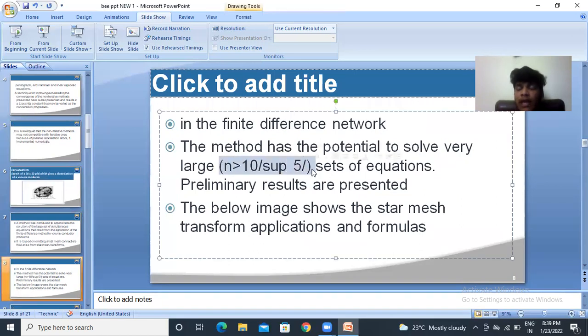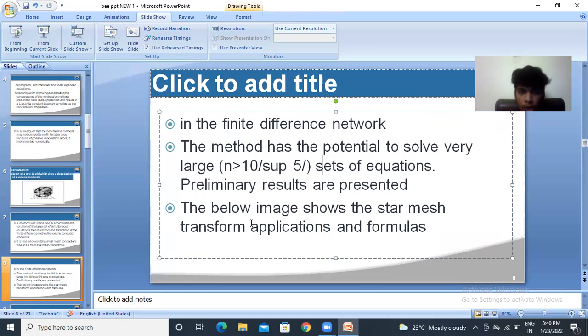It means the finite difference network method has some ability to solve large sets of equations. Preliminary results are presented.